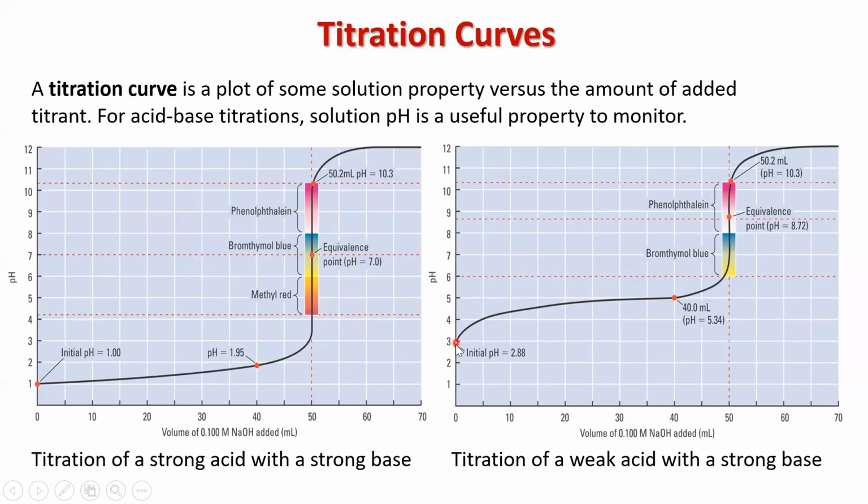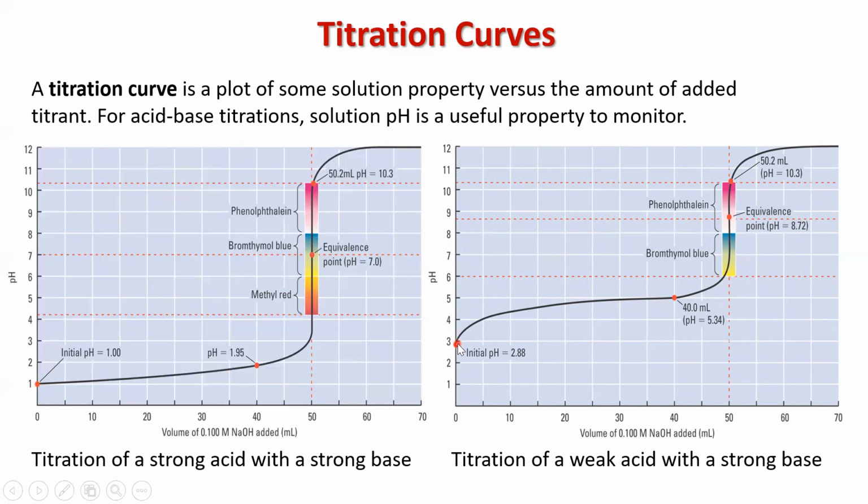So here is where we start with just weak acid in the solution. And notice that the pH of the weak acid is higher than over here, the pH of the strong acid. And that makes sense because strong acids 100% dissociate, so they have more hydrogen ions in them than weak acids do because they only partially dissociate.